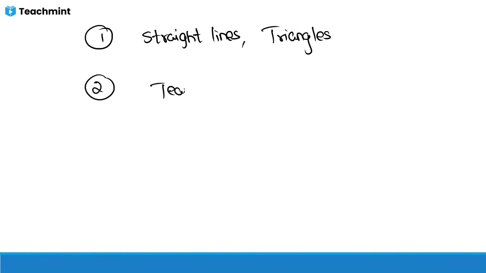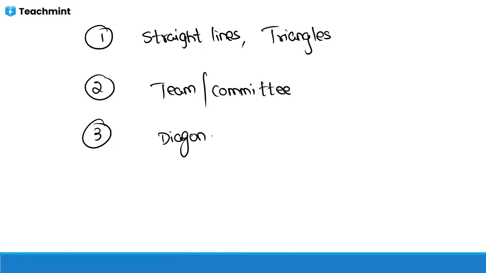Selecting a team or committee, again combinations will come into the picture. Straight lines, yes. Triangles, yes. And if you go for how many diagonals in the polygon, number of diagonals in the polygon, how many handshakes. I'll give the outlines of why we have to apply combinations in all these situations.